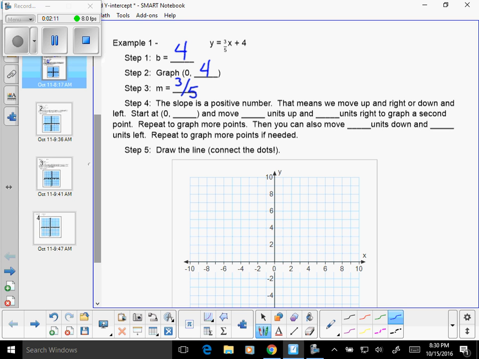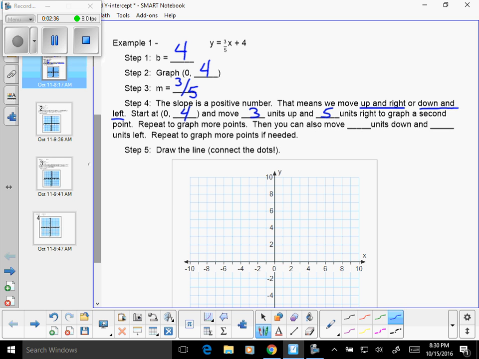If it's a positive number, we are going to move up and right, or we're going to move down and left. What we do is start at 0, 4. We're going to move 3 units up, and then we're going to move 5 units right to graph a second point.